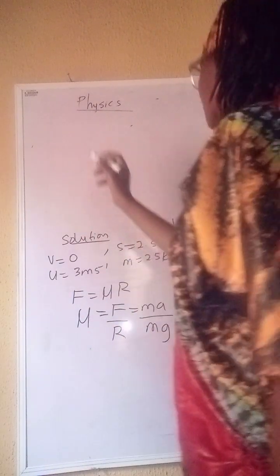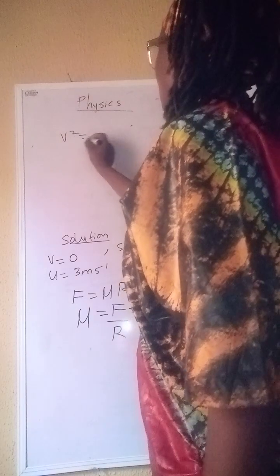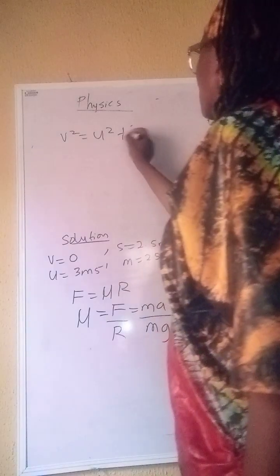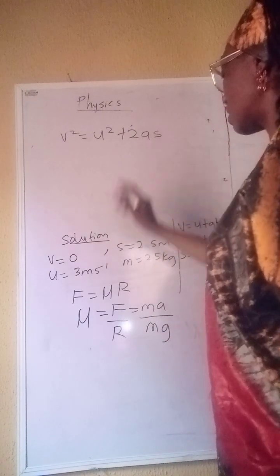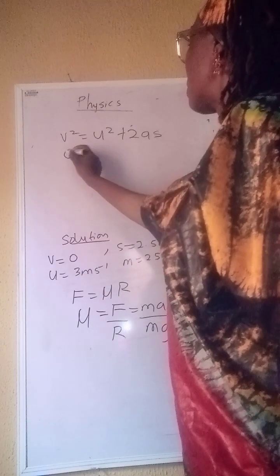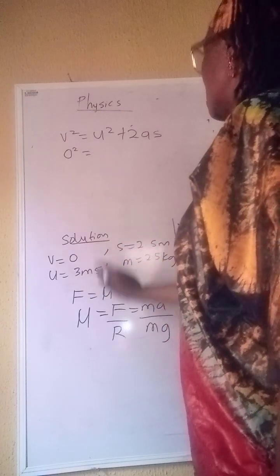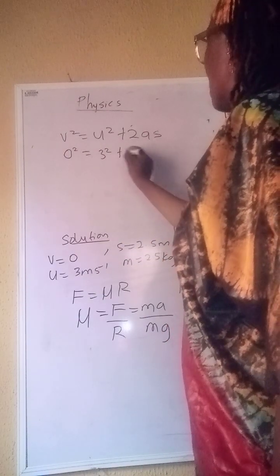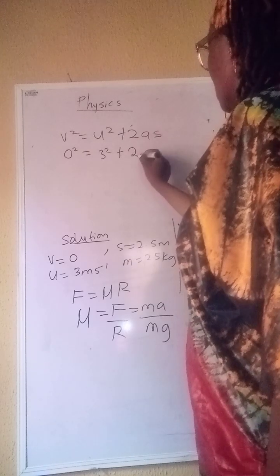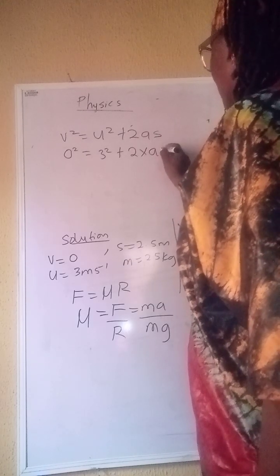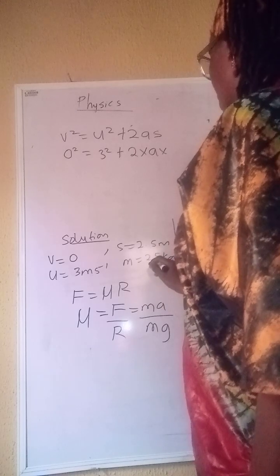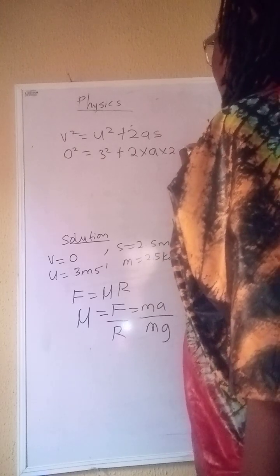So we have v squared is equal to u squared plus 2as. Our v is 0, so 0 squared is equal to u, which is 3 squared, plus 2, a constant, times a. A is what we're looking for. The s is given as 2.5.